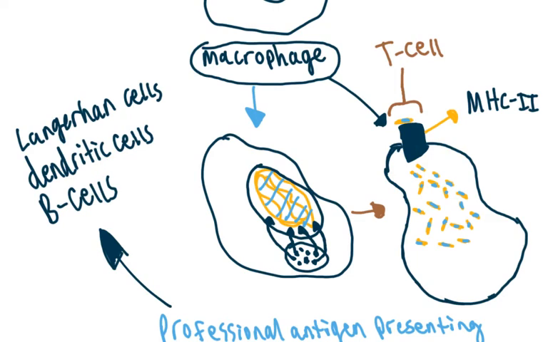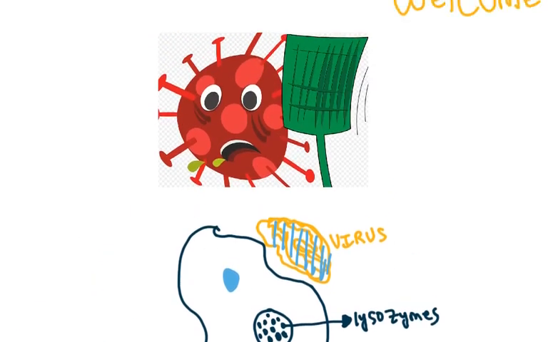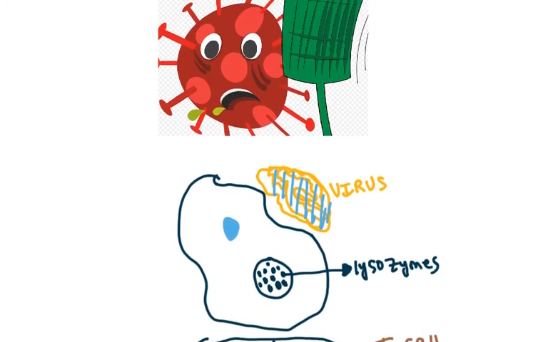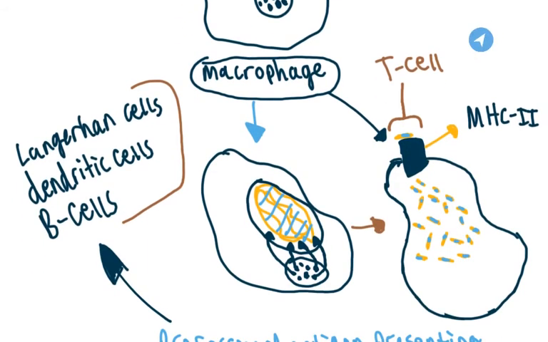Know these, because those are pretty common. So that's the basic idea of antigen presentation, and it's really helpful in the future for ultimately making antibodies against a specific virus or even attracting more white blood cells to this area to take care of the virus, or whatever pathogen is nearby.